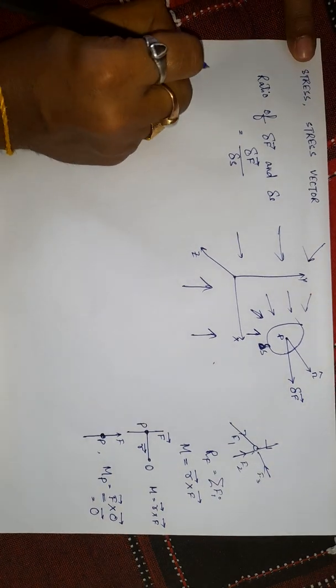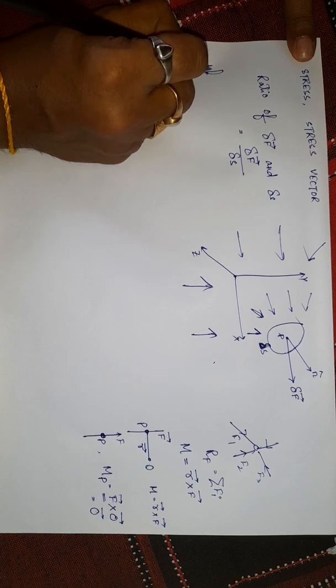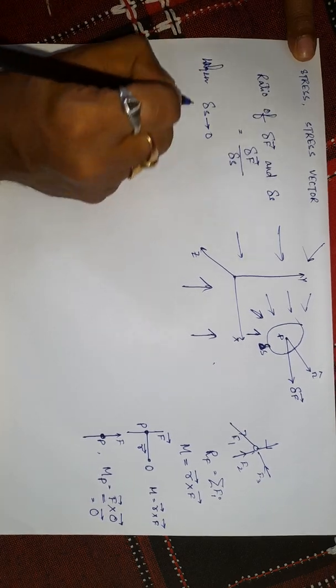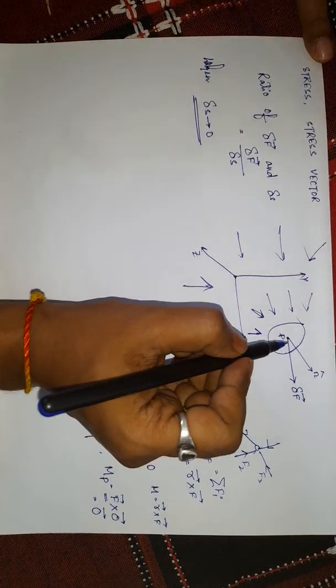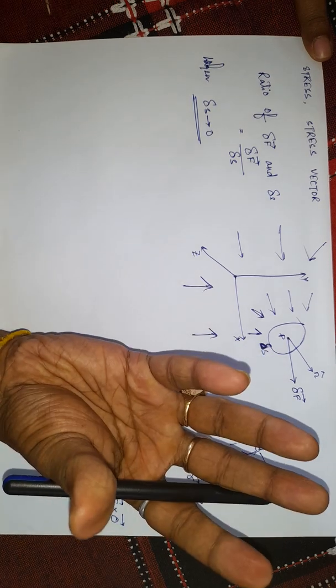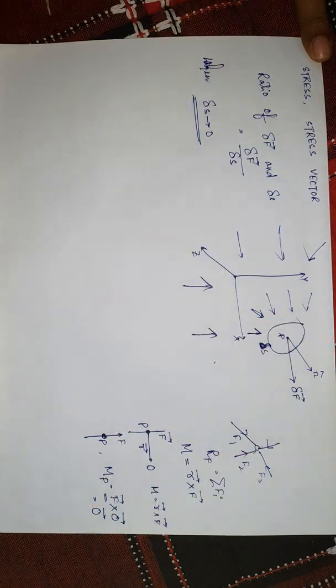Now when delta S tends to 0, what is the physical interpretation? Delta S is this particular part. So when delta S tends to 0, the area converges to a particular point.